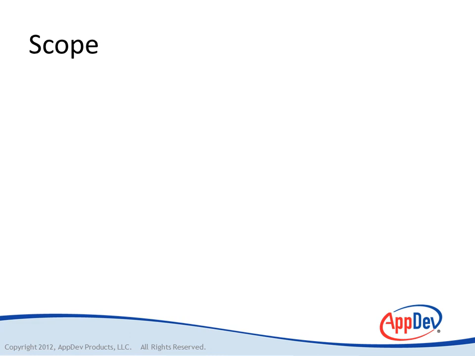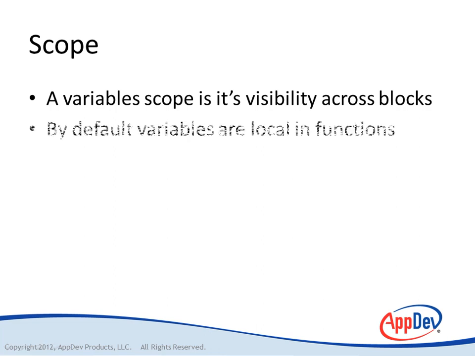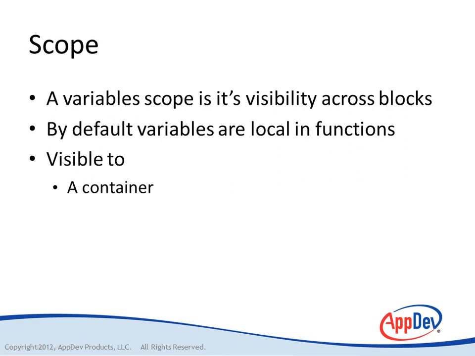One of the most important things to worry about when you're writing functions in a scripting language is controlling the scope of your variables. A variable's scope is its visibility across blocks of code. And by default, variables are local in the functions in which they're declared, but they're going to be visible to the container of the current function, its children, and any functions it invokes.